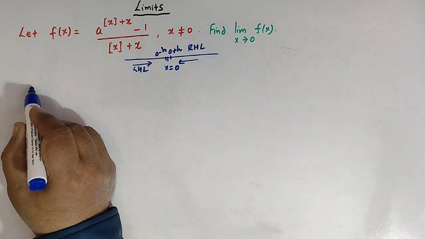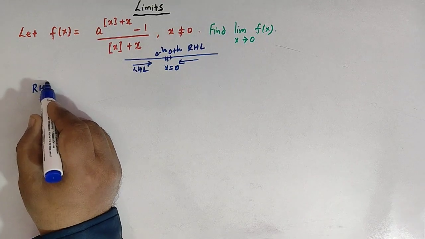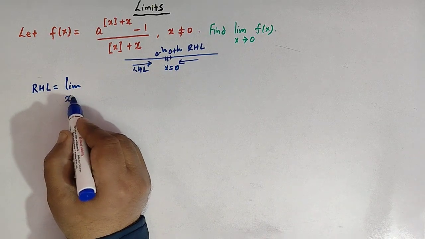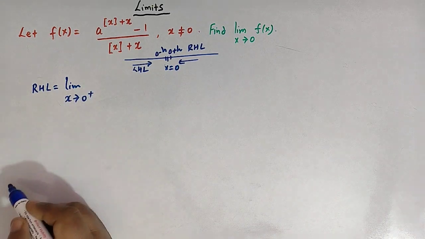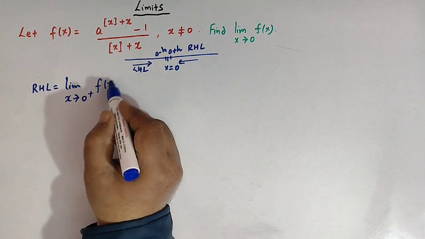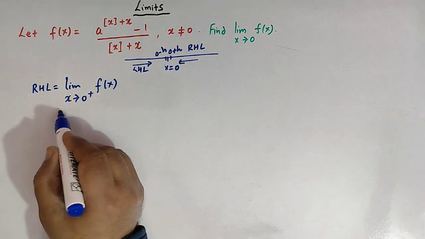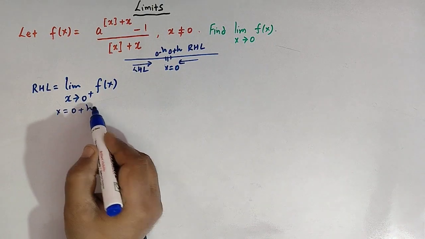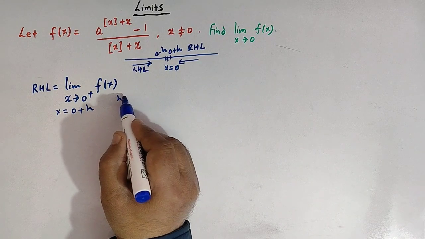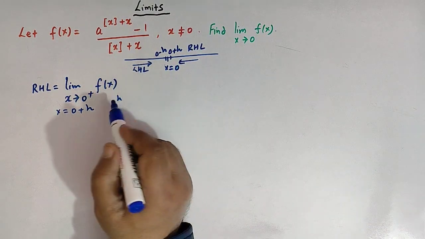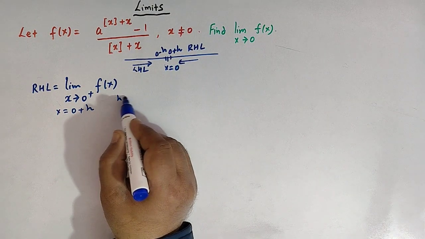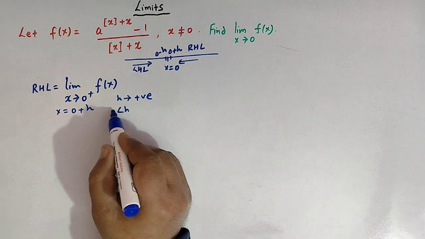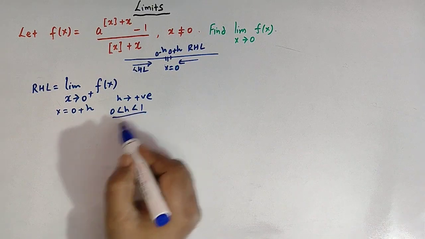So let us first find the right hand limit. The notation for the right hand limit is the limit as x tends to 0 with a positive sign, of f(x), and we take x = 0 + h, where h is a very small positive quantity, so h is greater than 0 but less than 1.